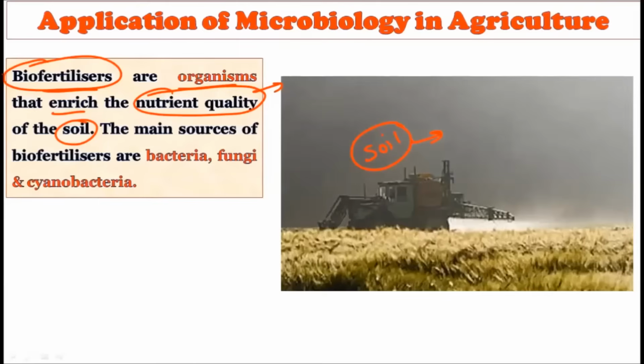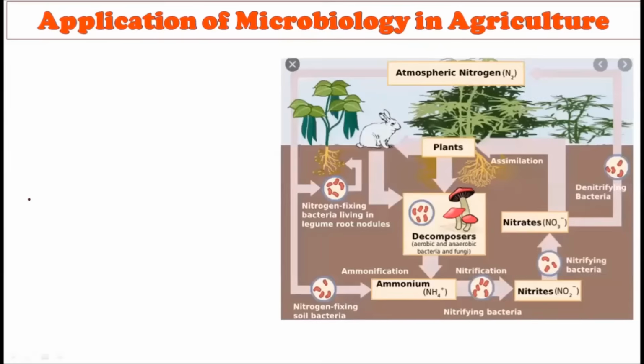Then in such a condition they are called biofertilizers. The main sources of these biofertilizers are the bacteria, fungi and the cyanobacteria. So as a biofertilizer we can use bacteria, fungi, and even cyanobacteria. All these microbes can be used as biofertilizers to enrich the soil nutrient quality.